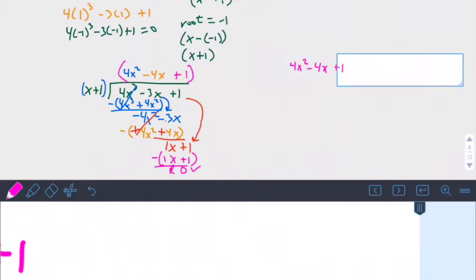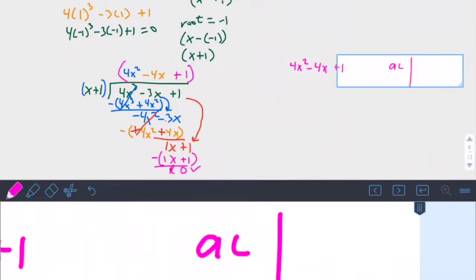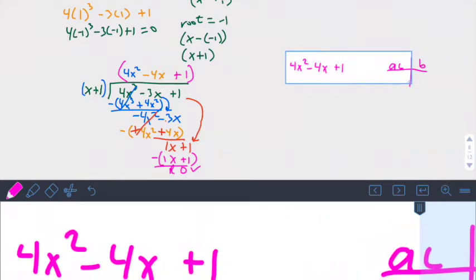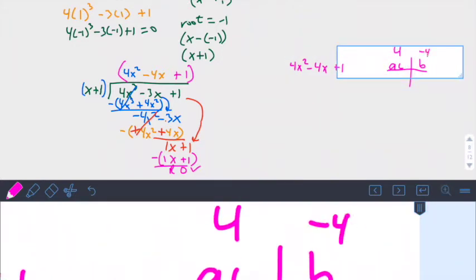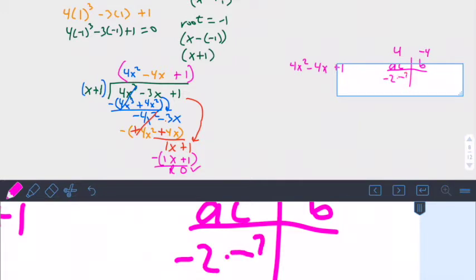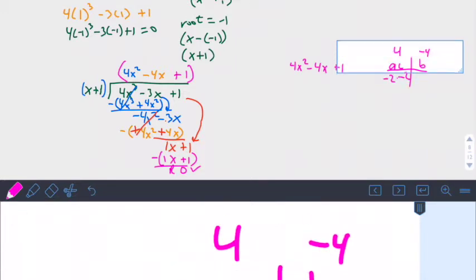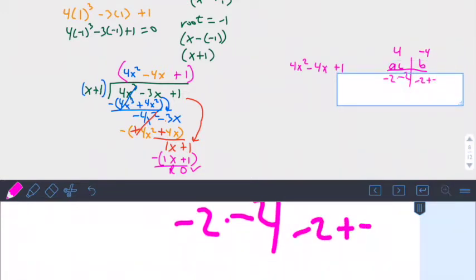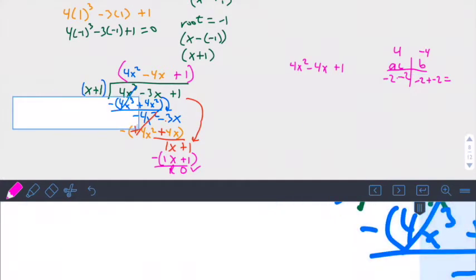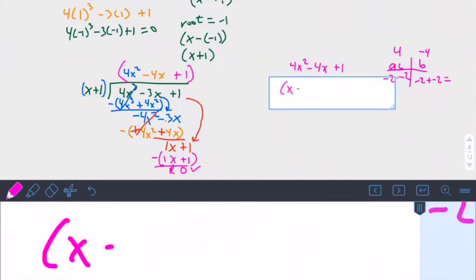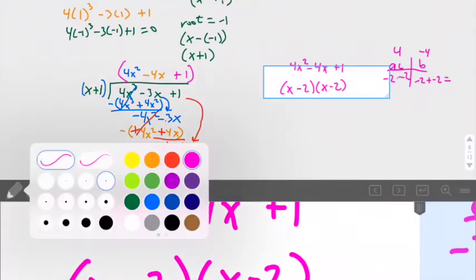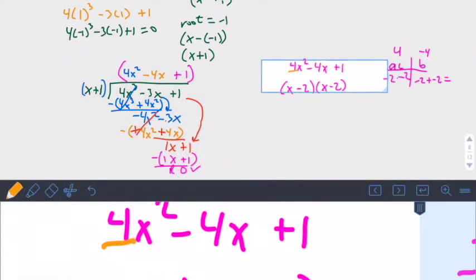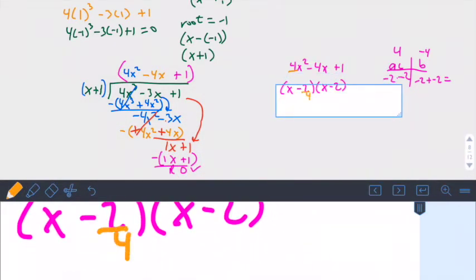And now I'm going to factor it using the AC method. 4 times 1 is 4. That adds up to negative 4. And negative 2 times negative 2, negative times a negative makes a positive. Negative 2 plus negative 2 gives me negative 4. So I could say x minus 2, x minus 2. And remember, since I multiplied by a, that 4, I need to divide by that 4.